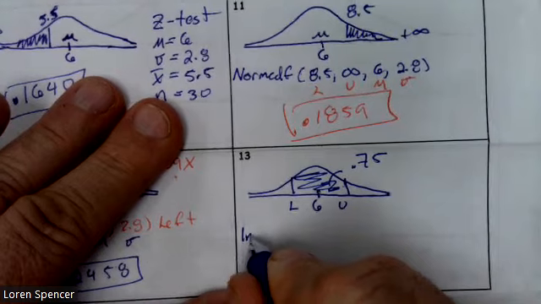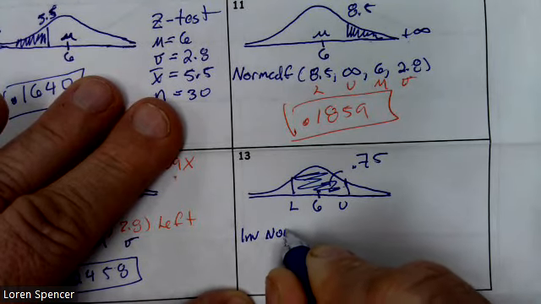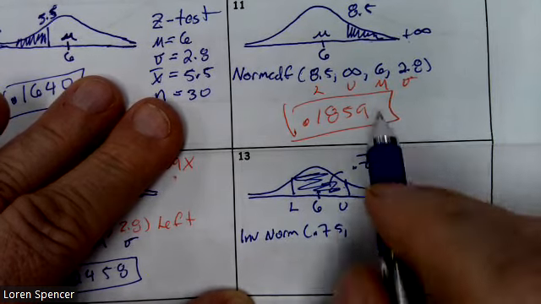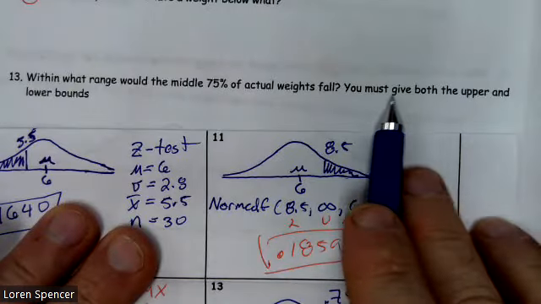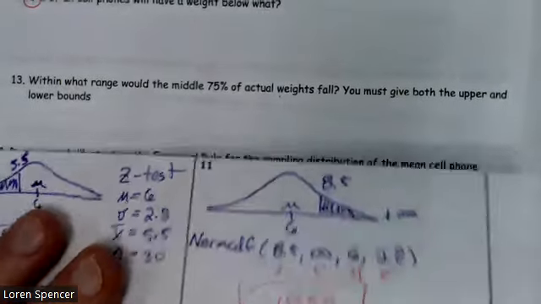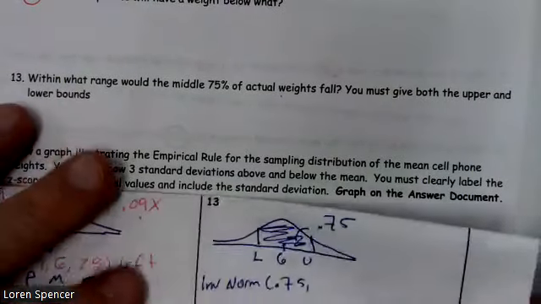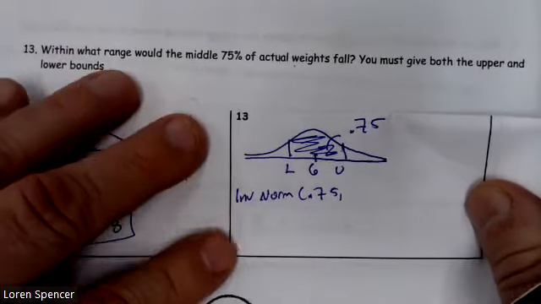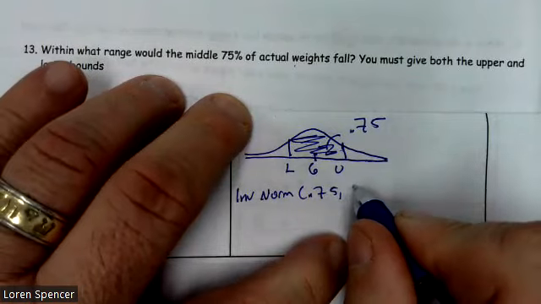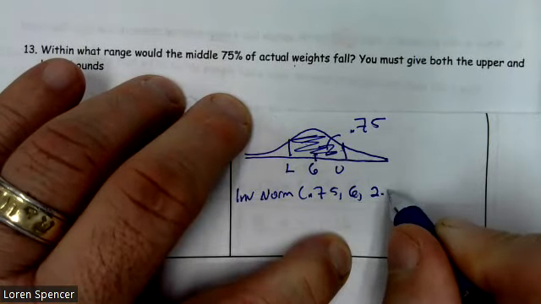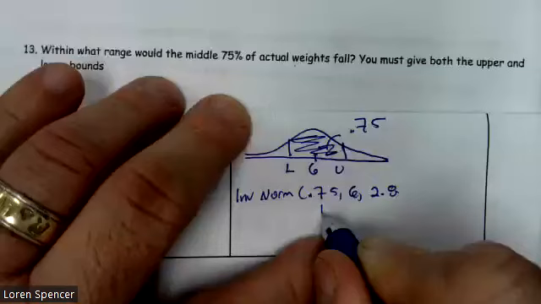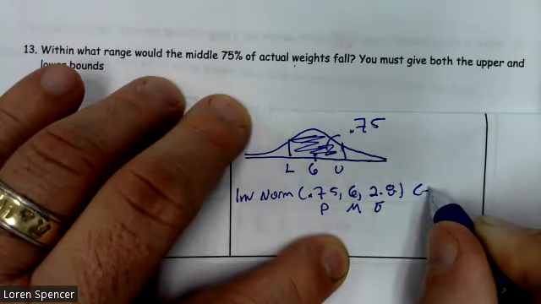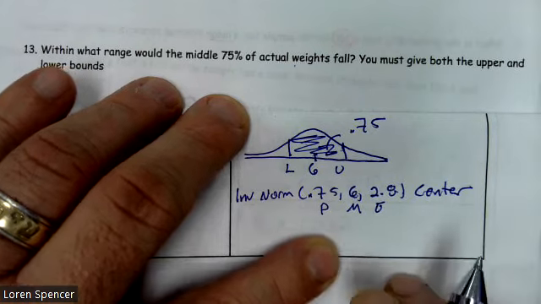So inverse norm. 0.75, and they are actually looking for the actual weights. That means we have to use the mean of 6 and the 2.8 for the standard deviation. So this is my probability, this is my mean, this is my standard deviation, and we are interested in the center.